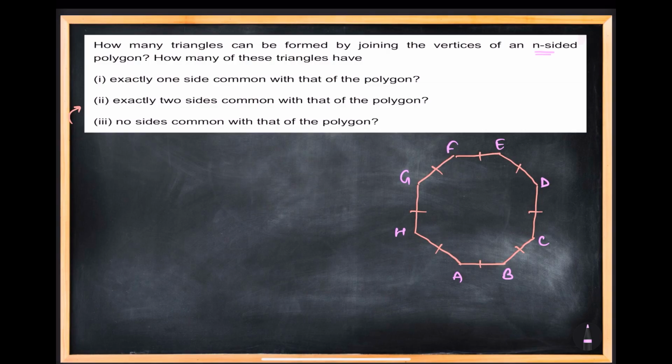Later I will generalize it to an n-sided polygon. I will go in the anti-clockwise direction. We are interested in finding the number of triangles which share two sides common with the polygon. So can I go with AB, BC, AC? What I did is connect A, B, C.